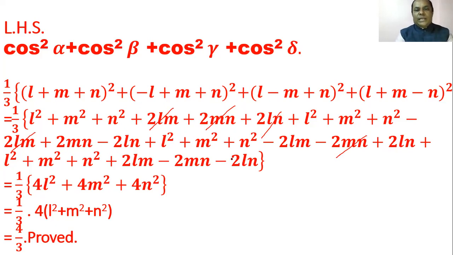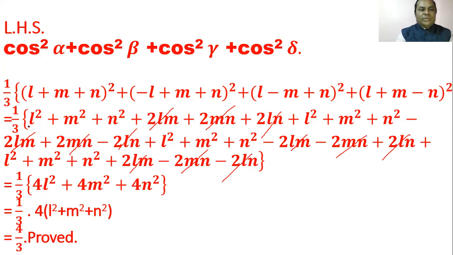And 2ln you can see here by this way, minus 2ln is here, plus 2ln is here, and 2lm is there, and the other minus is there. So all terms are eliminated.